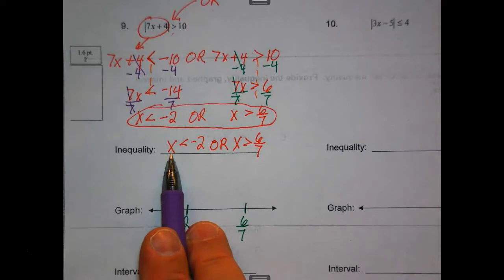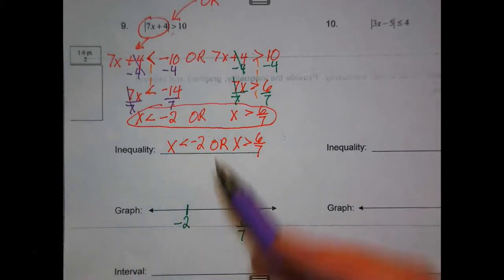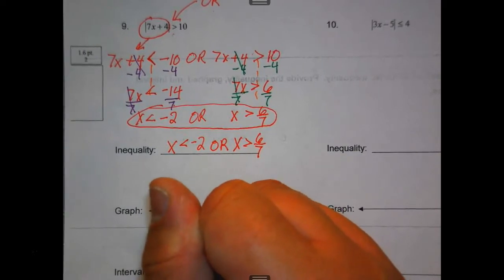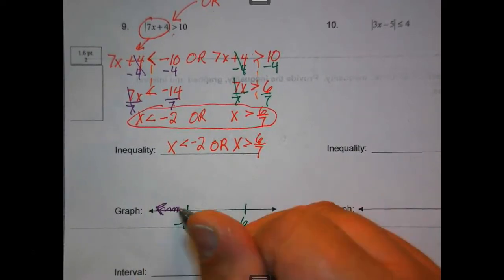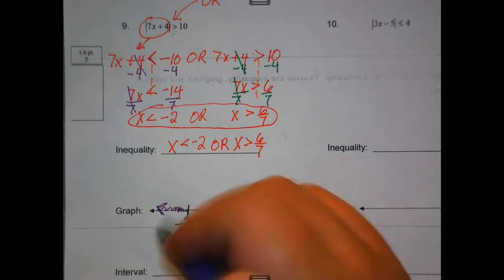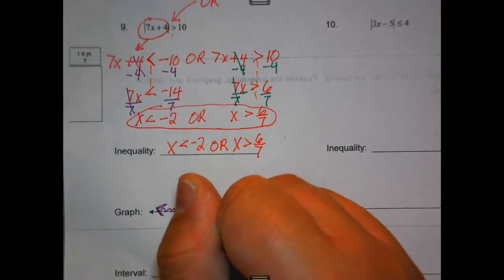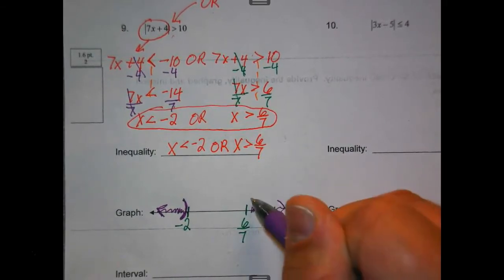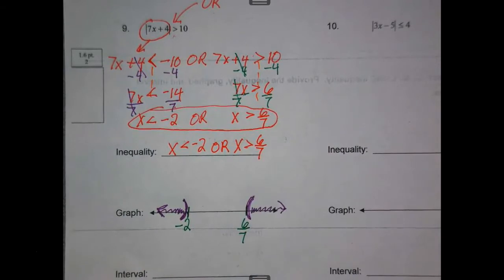Remember, I kept the variable on the left-hand side. Just follow the arrows. Does it get a parenthesis or bracket? Parenthesis, there's no equal sign.